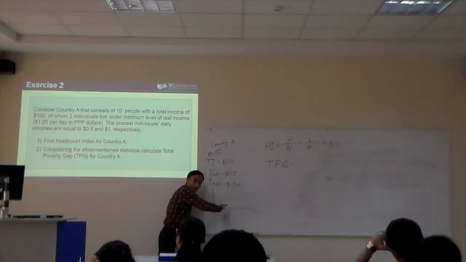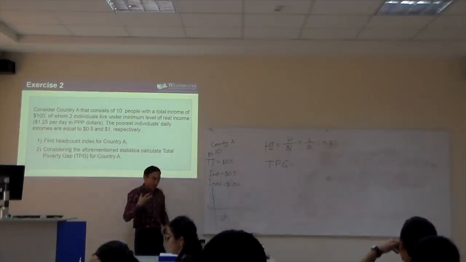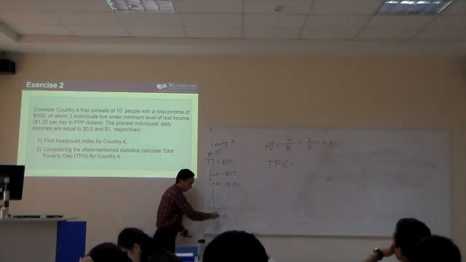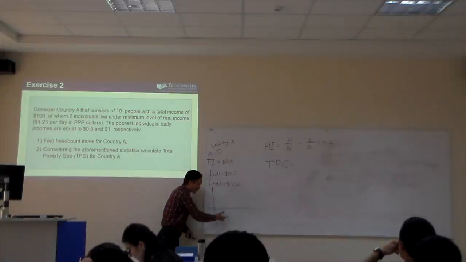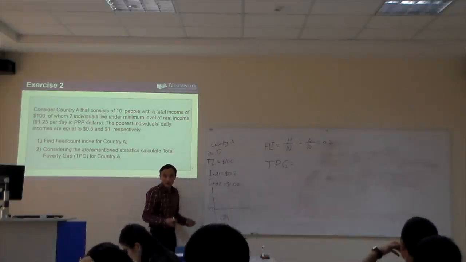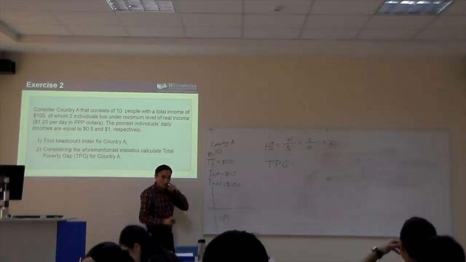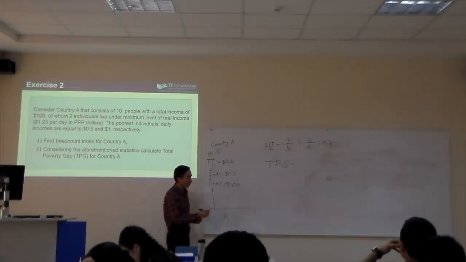How much, let's say, how much dollars should we provide for these two people so absolute poverty will be vanished. So now we will calculate, right? So how do we calculate it?